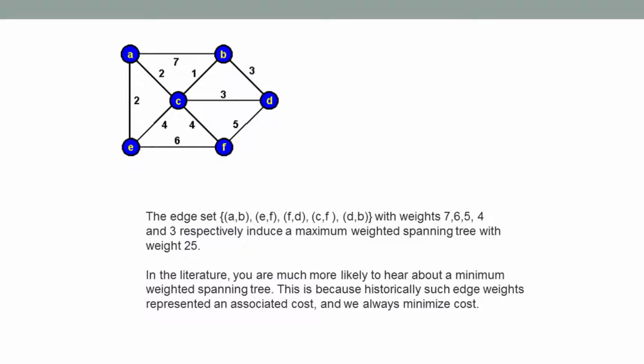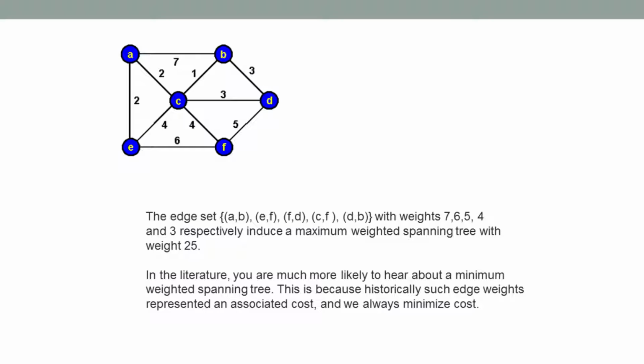Now there are 6 vertices, so any tree with 6 vertices is going to have 5 edges. So if we couldn't tell before, we know now that we have a spanning tree. We have a tree that uses all 6 vertices and the graph is connected.